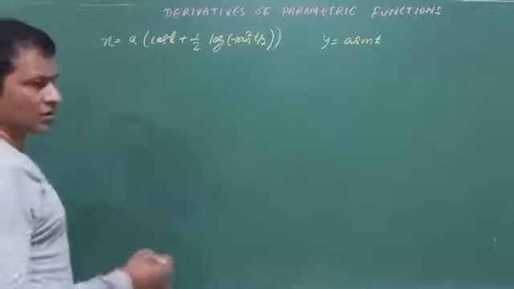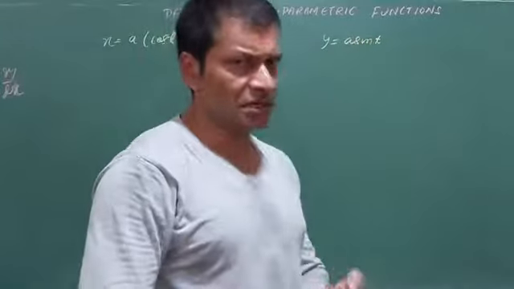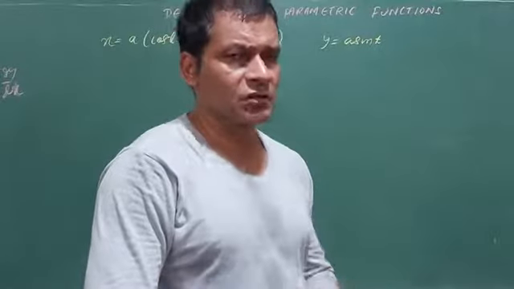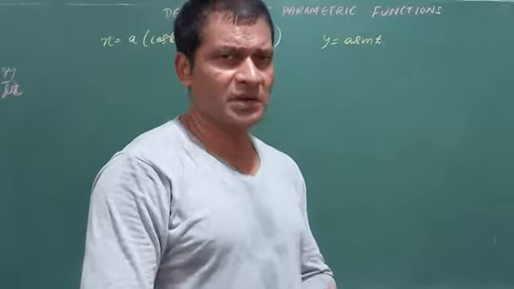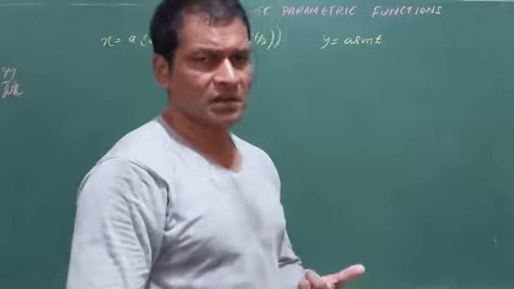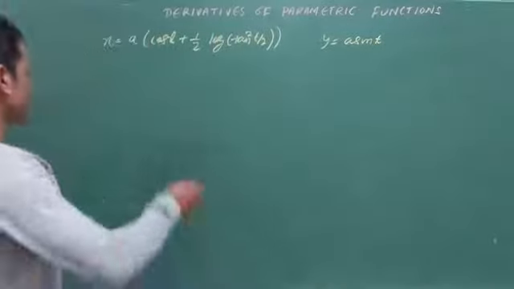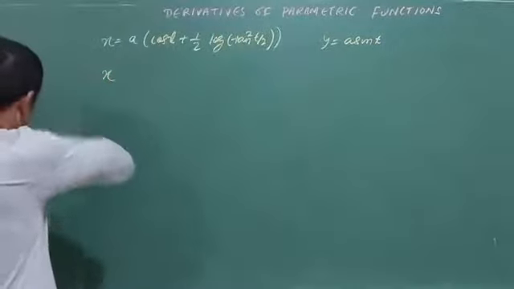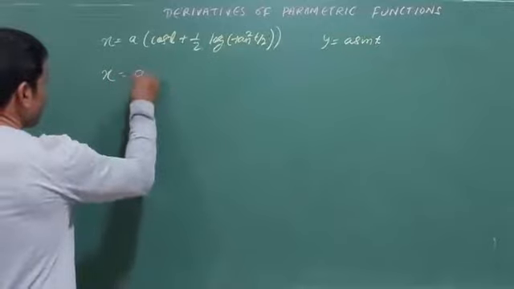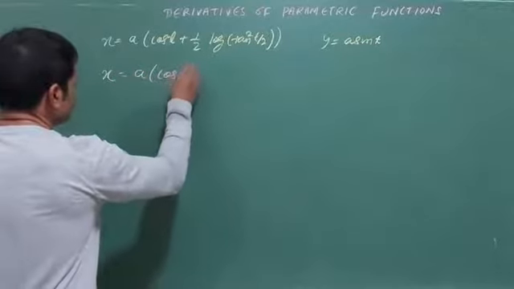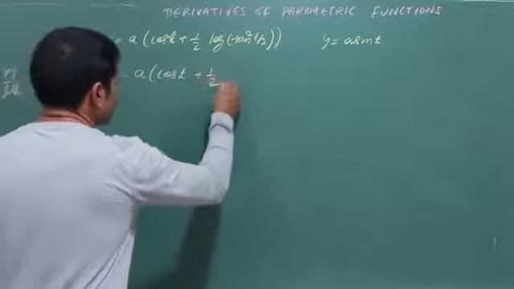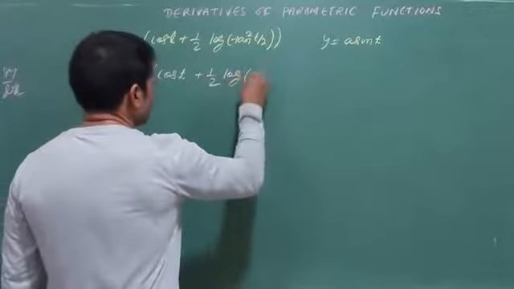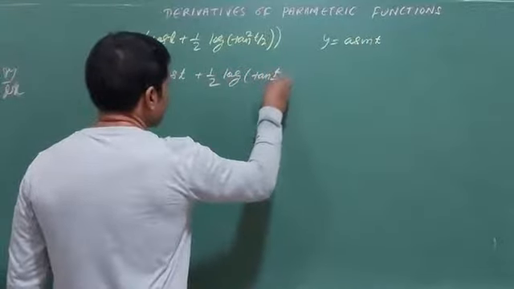Whenever a log question comes, you need to be a little careful. Can I go for the direct derivative? Yes, obviously you can, but if I apply the properties of log, it becomes easier. So x is equal to a cos t plus 1 by 2 log of tan t by 2 whole square.